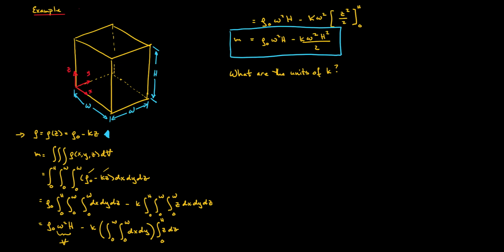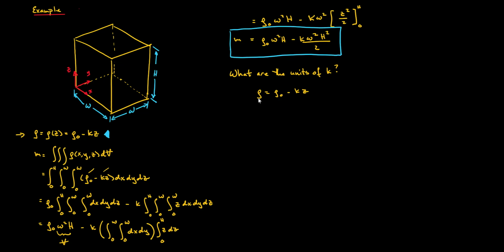We can also answer the question of what are the units of k. So k is a constant within our function for the density. So our density is given by rho naught minus kz. So remember from dimensional homogeneity that the left-hand side must be equal to the right-hand side in terms of its dimensions.